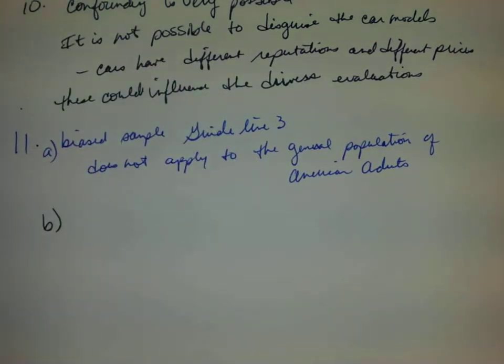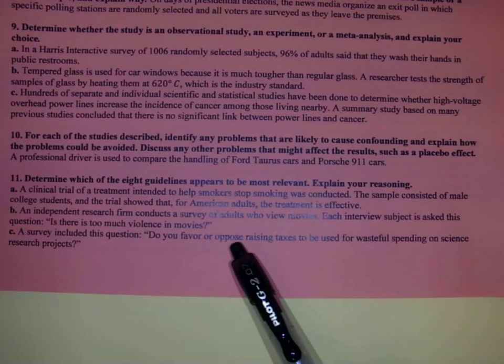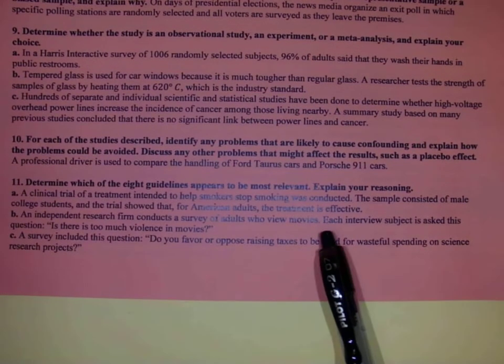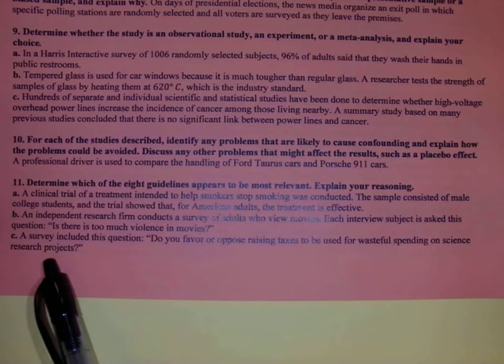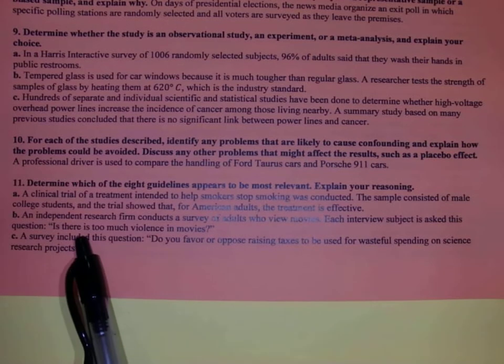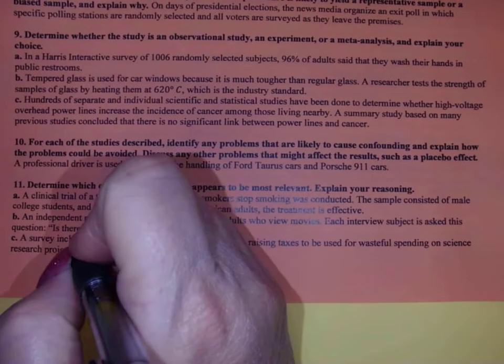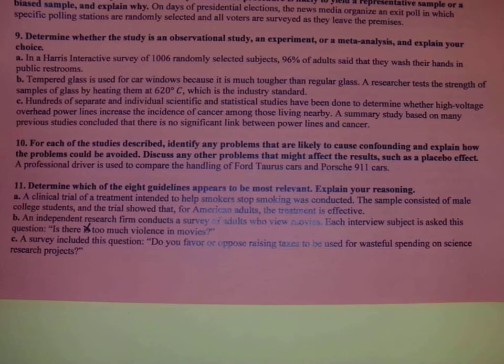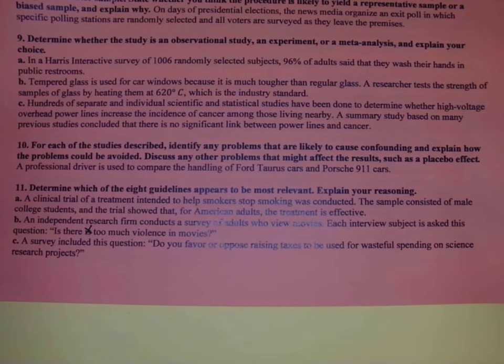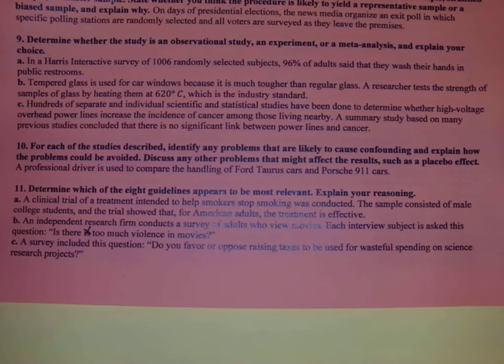All right, so an independent research firm conducts a survey of adults who view movies. Each interview subject is asked this question: Is there too much violence in movies? Well, how much is too much violence? It's going to change from every person, right?